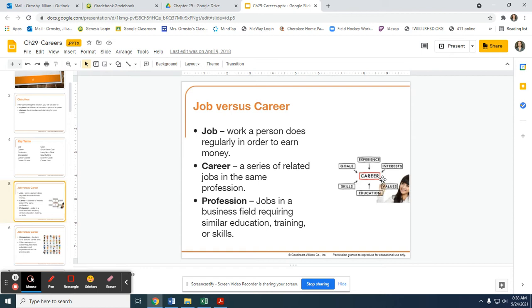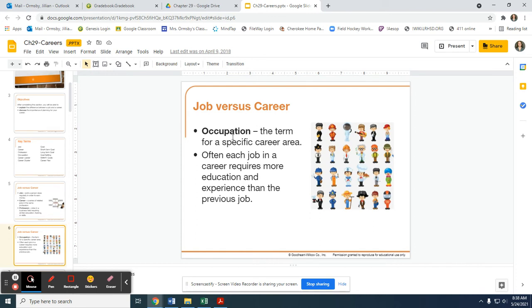So let's say you work at a daycare, your ultimate goal is not maybe to be a teacher's aide that you are right now, but maybe you want to work up and become a teacher one day, or even a principal, or even a superintendent. So that's a career. And a profession is jobs in a business field requiring similar education, training, or skills.